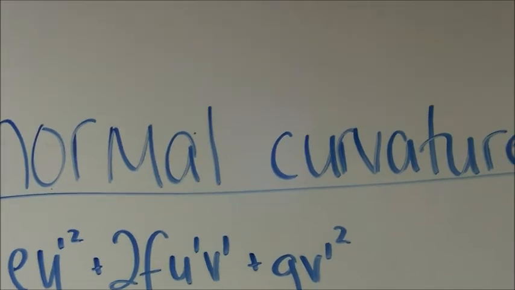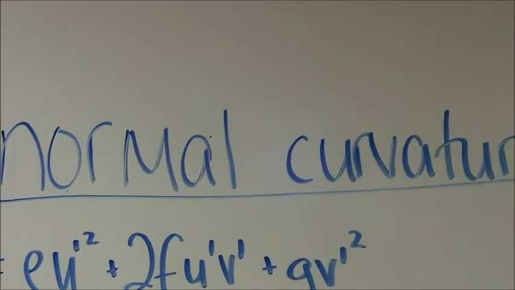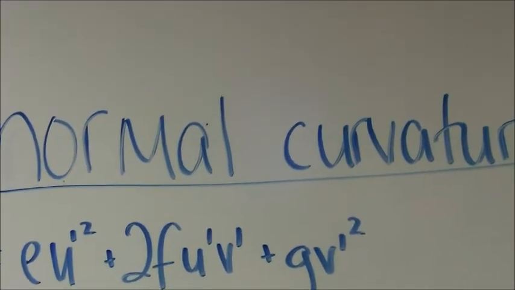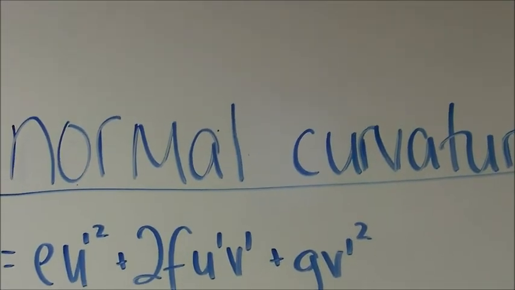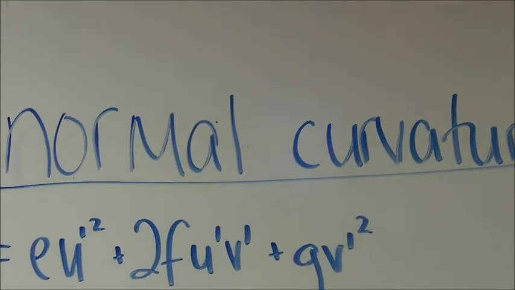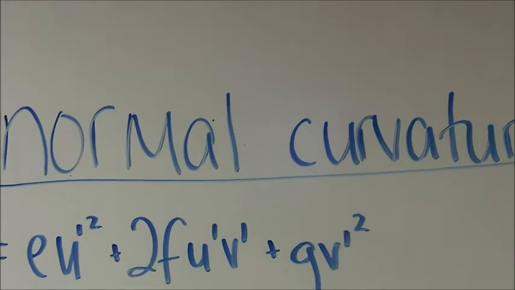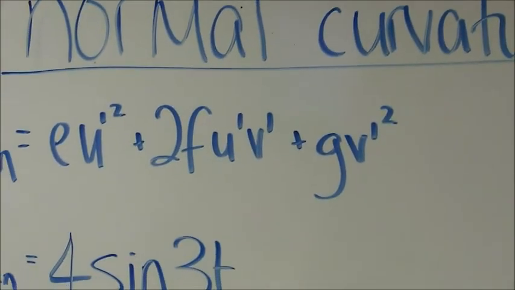We have calculated the normal curvature using this formula: Kn equals E u dash squared plus 2 F u dash v dash plus G v dash squared, where E, F and G correspond to the coefficients of the second fundamental form, and calculated it to be 4 sine 3t.